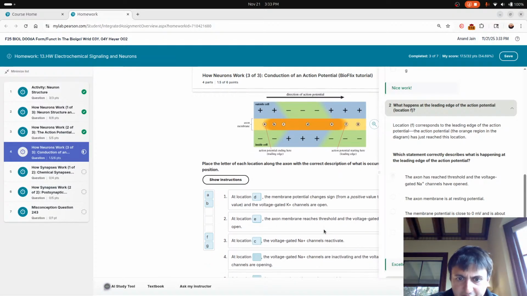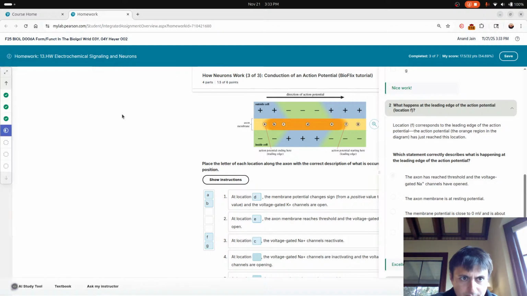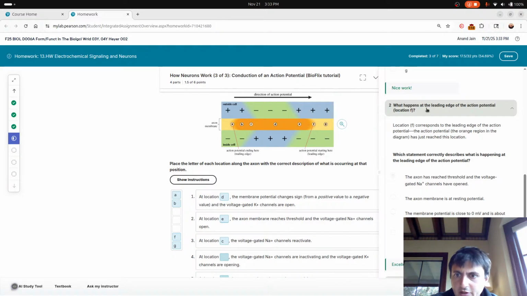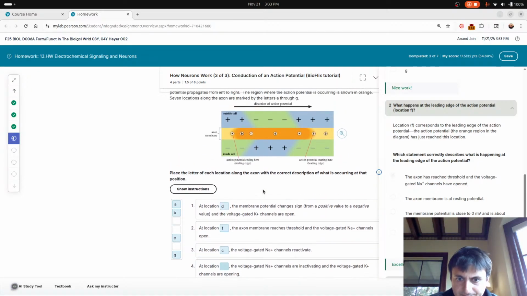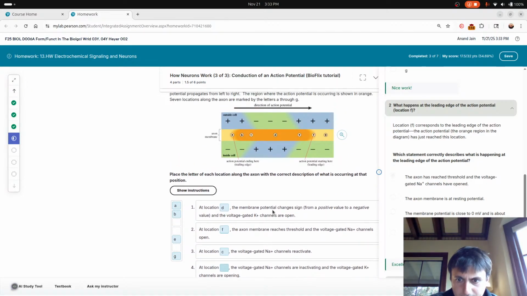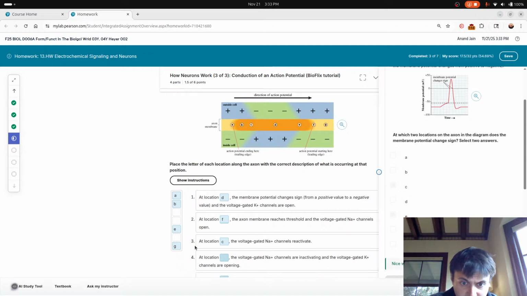Okay, so F is... Then what could E be? I don't know how this is so laggy. Okay. So this is F for sure because this is exactly what that is. The sign changes at C.